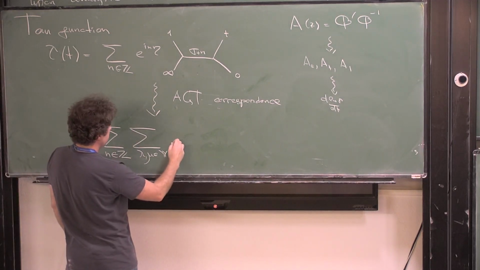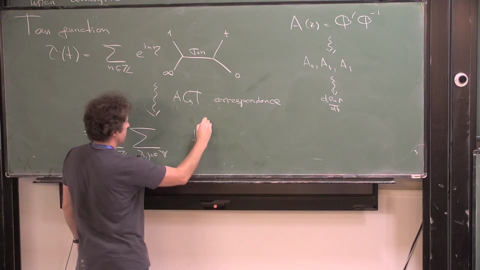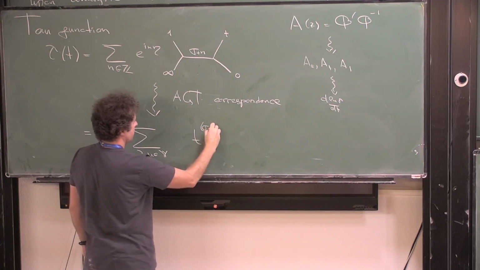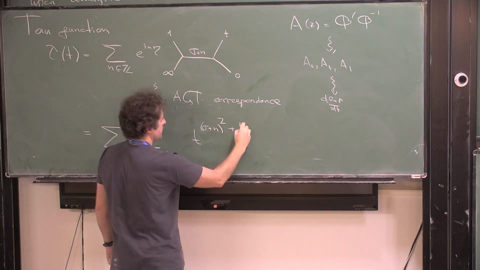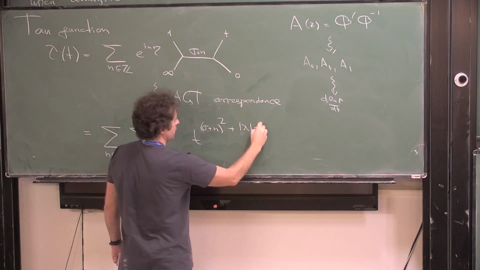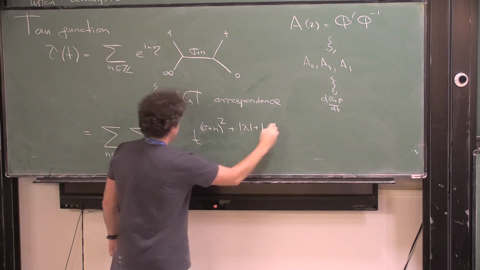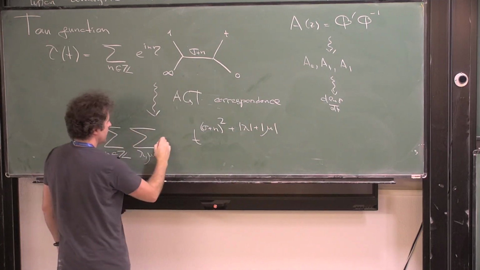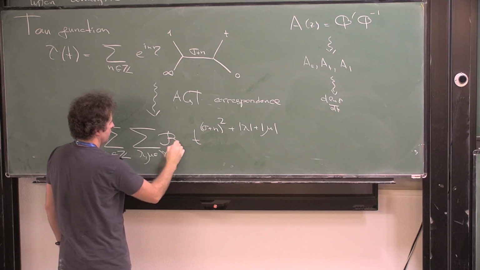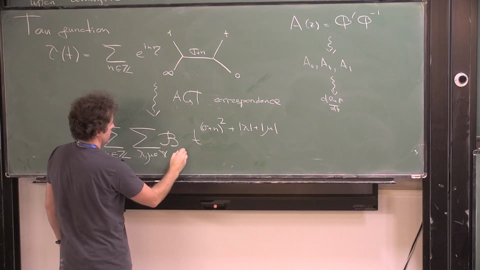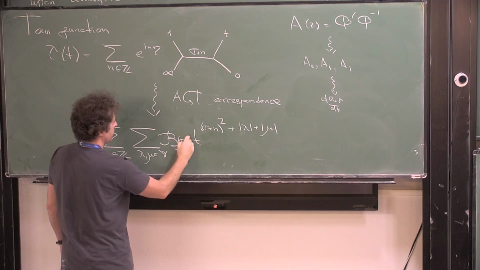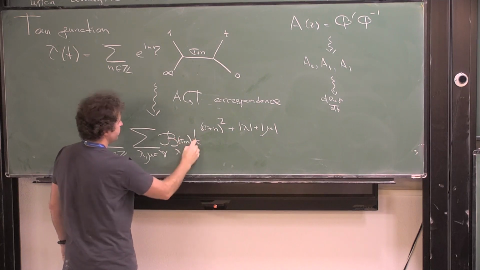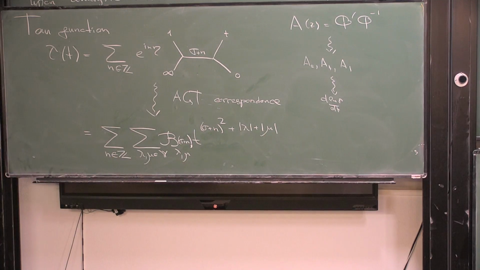And then we have something like t to the power sigma plus n squared plus lambda plus mu, times B lambda mu of sigma plus n over here.